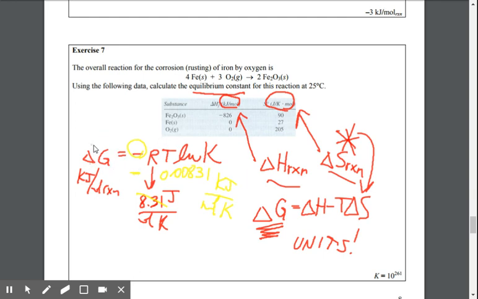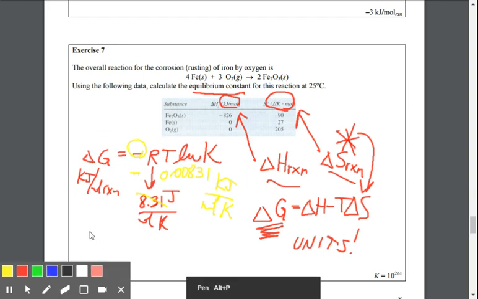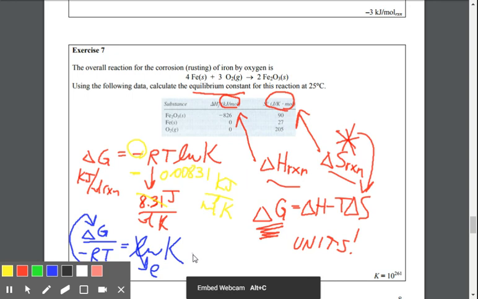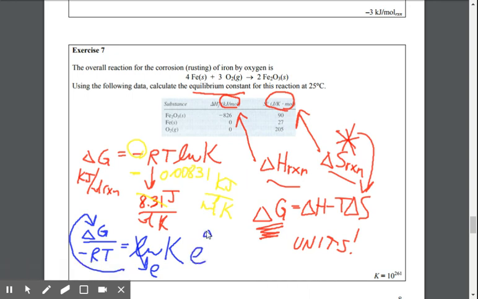So what I'm going to do is take my delta G value, divide it by negative RT, and that gives me natural log of K. To get K by itself, remember that natural log turns into e, so it's essentially e raised to the delta G over negative RT is equal to my K value.